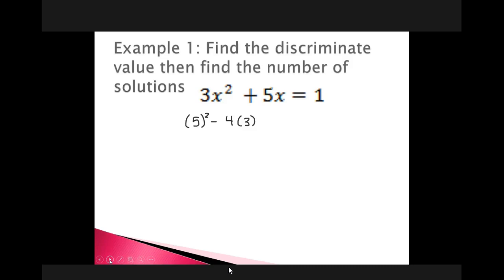But we know that in order to use the quadratic formula or any of the techniques that we're using so far, we need to make sure that my equation is set equal to 0. So that's really like 3x squared plus 5x minus 1 equals 0. So what that means is when I plug in, my c value is negative 1.